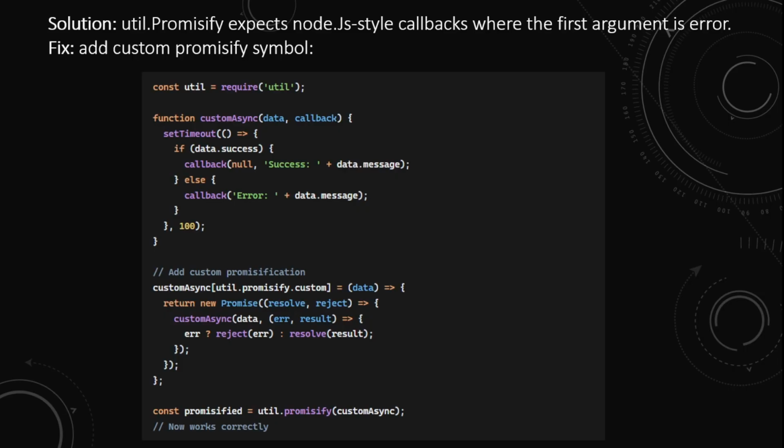It handles functions that return multiple values, and it also preserves the context and maintains the this binding correctly and smoothly. And in addition to this, it also adds input validation before promisifying the function.